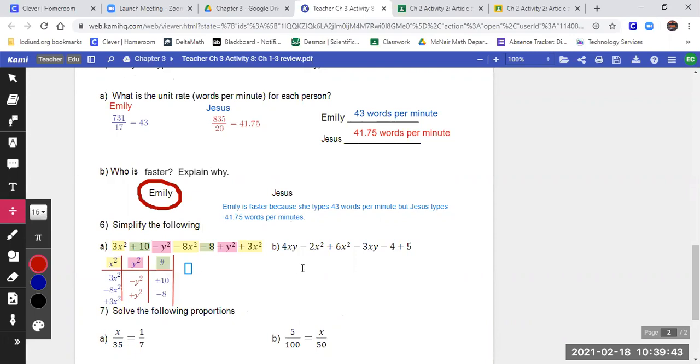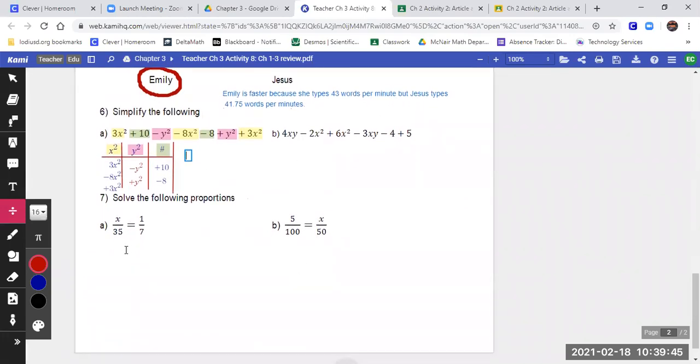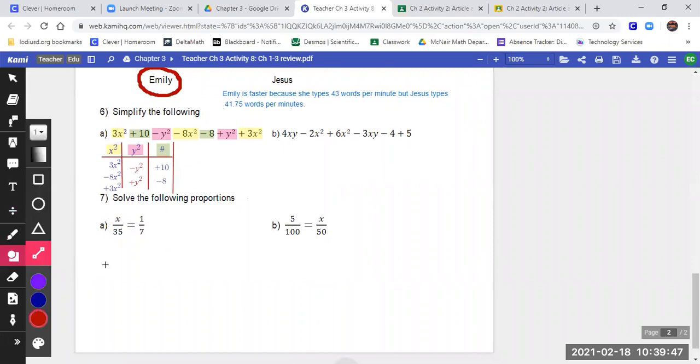Okay, so you are finishing parts A and B of that. I wanted to remind you about this one because you are going to be responsible for number 7, A and B. Remember, this is the cross multiply one. You got to do that first.